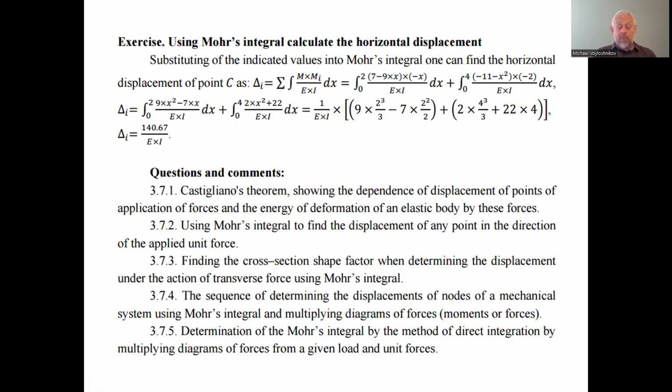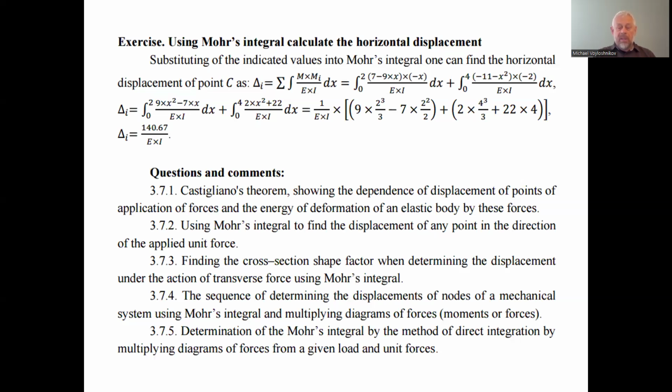3.7.4, the sequence of determining of displacements of nodes of mechanical system using Mohr integral and multiplying diagrams of forces and moments of forces. The sequence is, first, we have to do the diagram of the external load. Perhaps before that we have to find the support reactions, but sometimes if we have to find a definite point which is not a support point, the displacement of the support is zero.